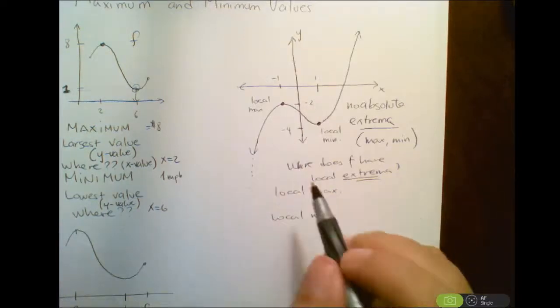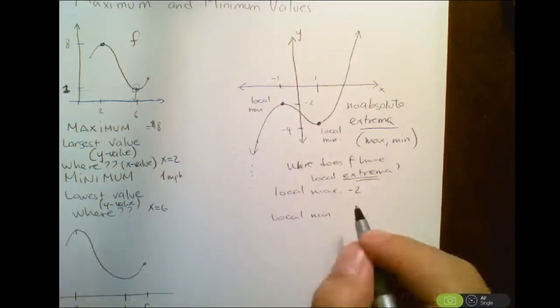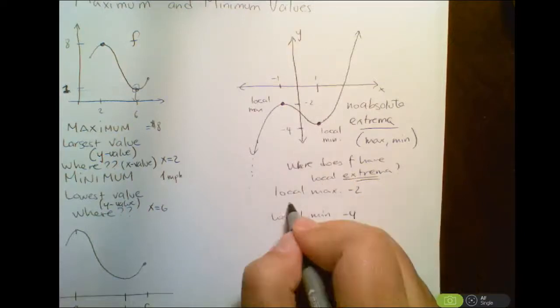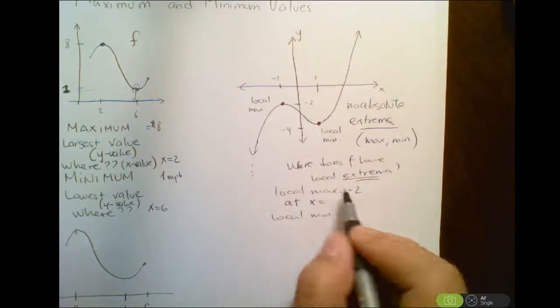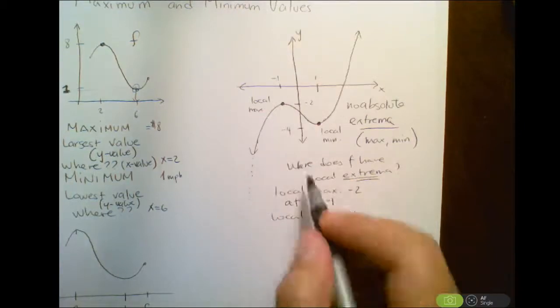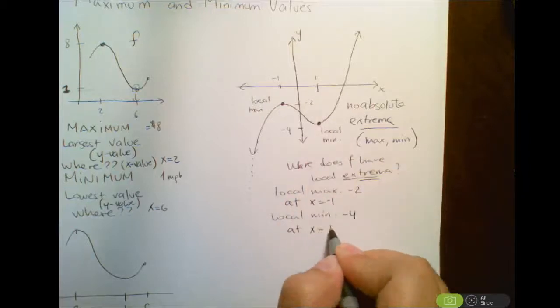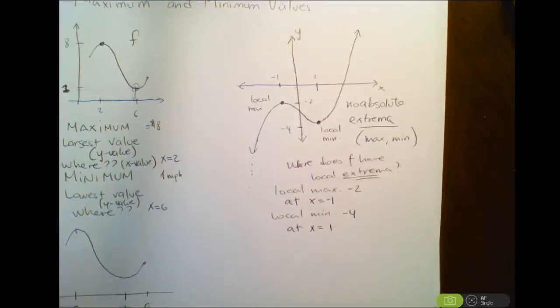The local maximum here is -2, and the local minimum is -4. The local maximum occurs at x equals -1, and the local minimum occurs at x equals 1. Okay, just to have that clear.